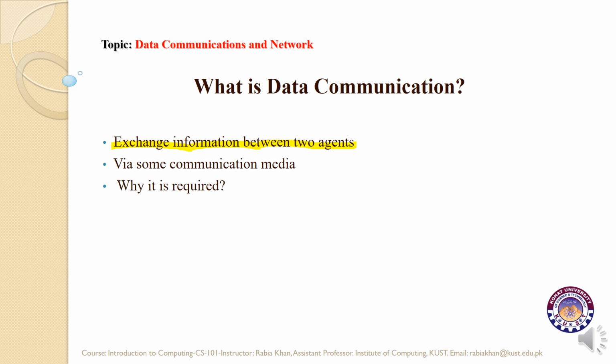One of the parties or one of the agents is called the source that generates the data, while the other agent is known as the receiver that receives the data. Simply we can say that data transfer or the transfer of information from one point to another back and forth is known as data communication.